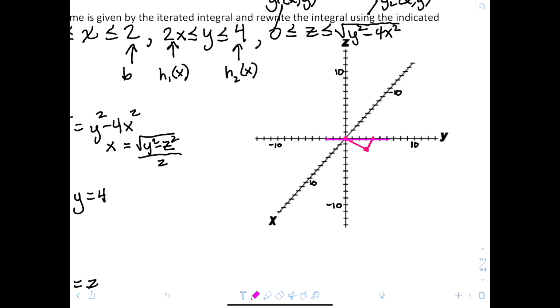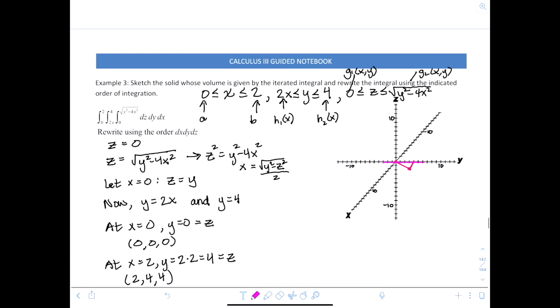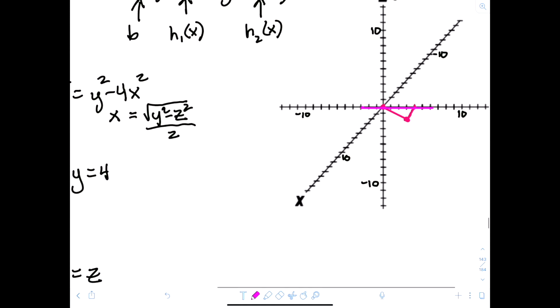All right, and then so now we've got the kind of floor of it. And so now let's look in terms of y and z. Remember, we had found out that z equals y, right? So when y is 4, z is 4. And so in the yz plane, we already know we have a point at 0, 0, 0, right?